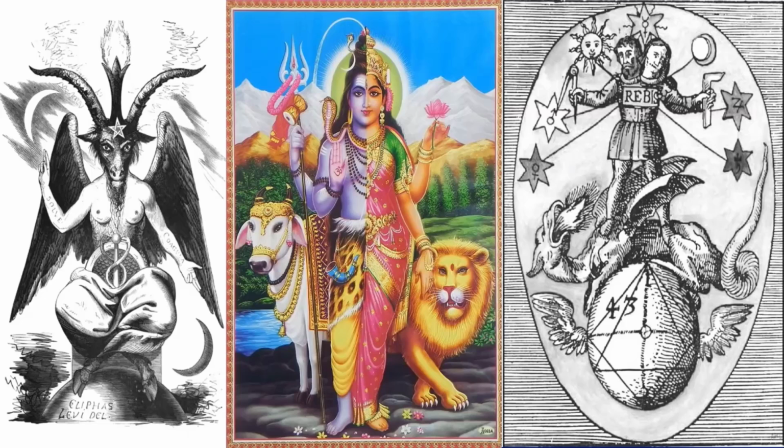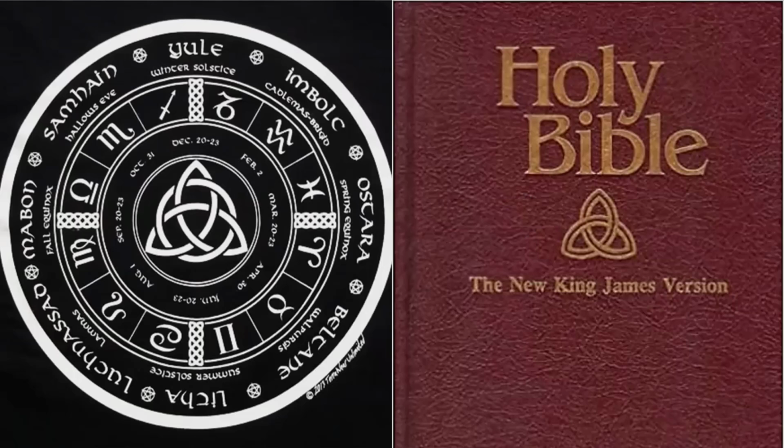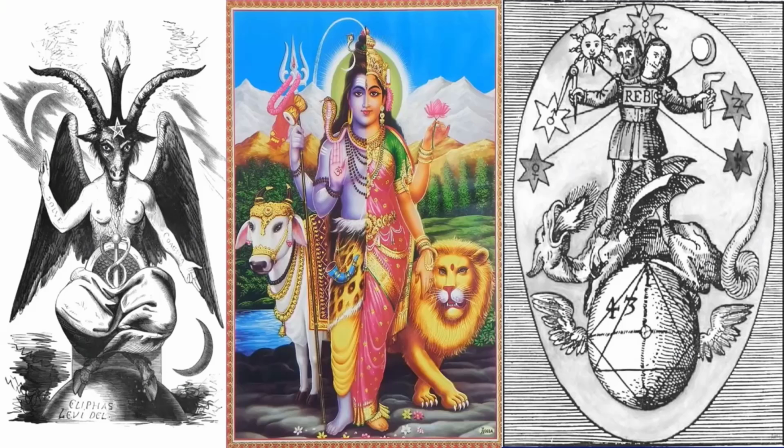The Baphomet is just the female energy and the male energy pulled together when Shiva and Shakti become one. And then we see the same thing with the alchemical wedding. When the sun and moon come together, we get this third creature. That's the androgynous deity. So when you're taking a look at this triquetra, it's showing you 3 because it represents the sun and the moon and then the new thing that gets created when the sun and moon come together.